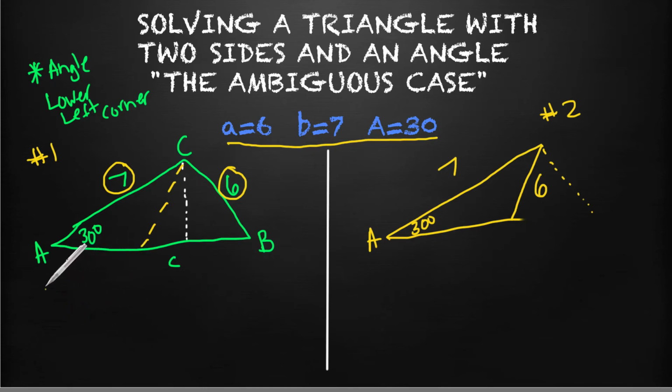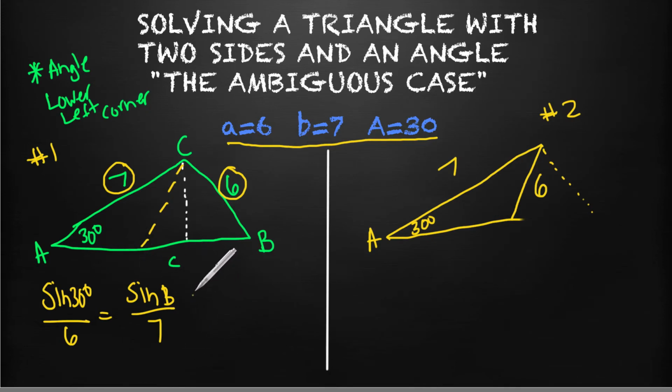So we will say sine of 30 over 6 is equal to sine of angle B over 7. Okay, we're going to cross multiply.